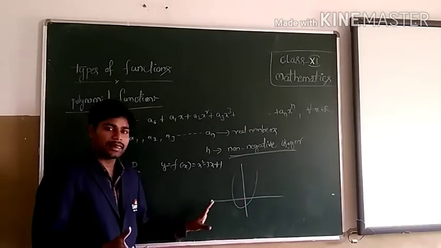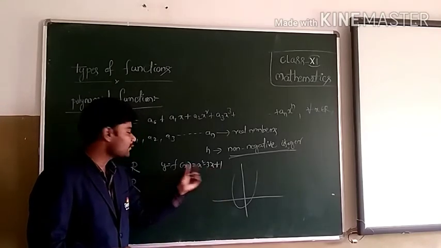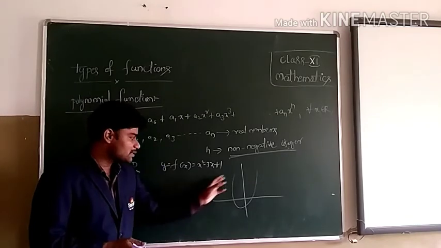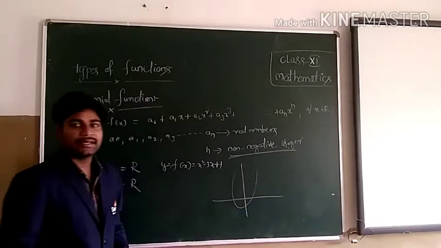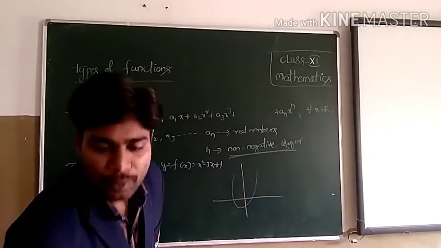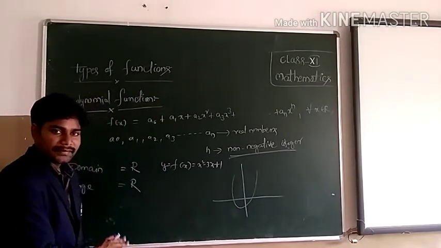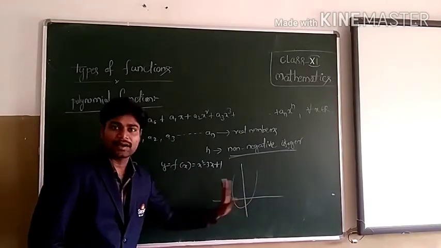If you want the exact graph, you have to take particular values for x and you will get the y values, and finally we will get ordered pairs. Based on the ordered pairs we can identify the points on the graph sheet and join the points. We will get a proper graph of the polynomial function. The polynomial function graph is just a curve.